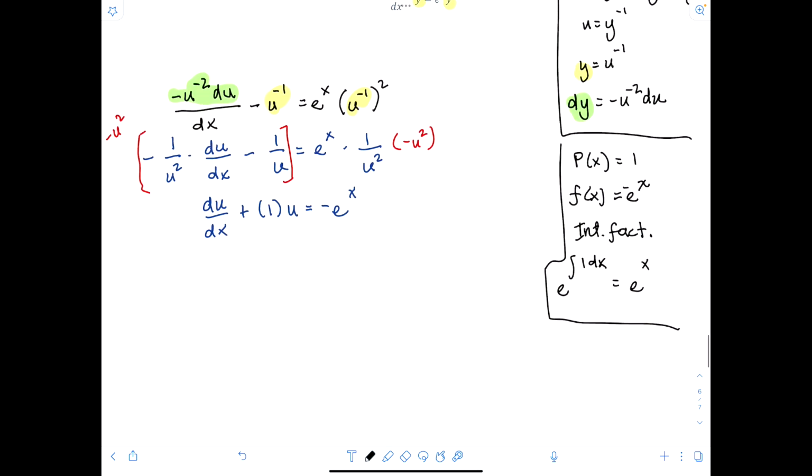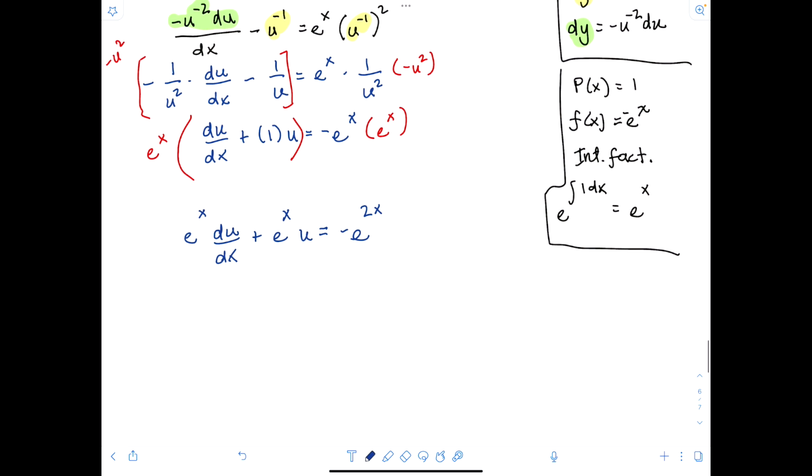And now, multiplying both sides by my integrating factor, I will have e to the x times du dx plus e to the x times u equals negative e to the 2x.